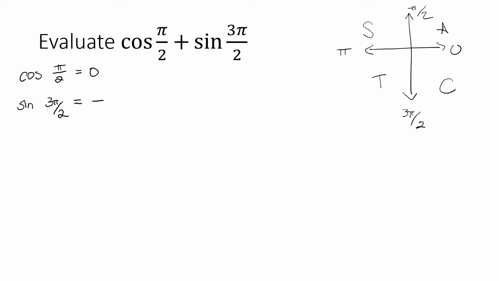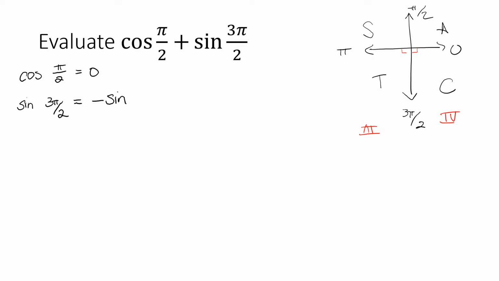We could take 3 pi on 2 to be in the third or in the fourth quadrant. Our reference angle for 3 pi on 2 is actually pi on 2, because 3 pi on 2 is 90 degrees away from our x-axis right here, no matter which quadrant we look at.